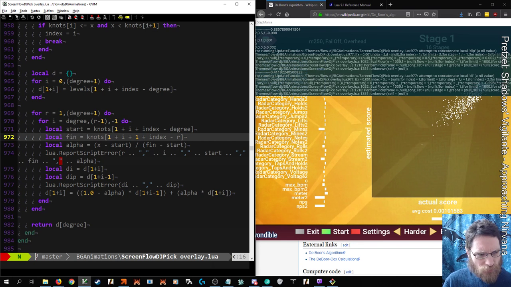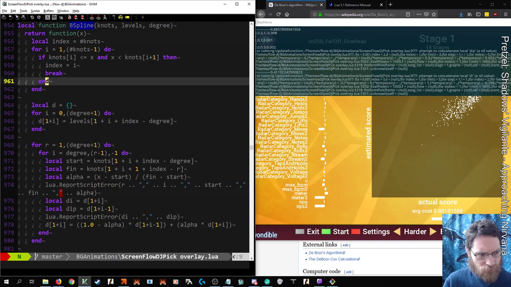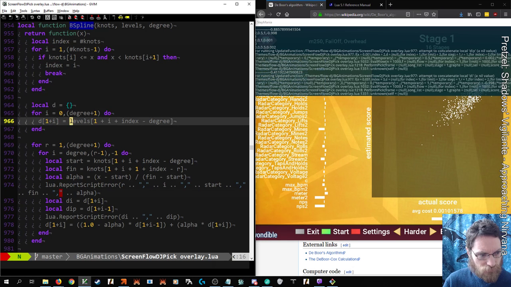I'm also not sure I'm doing the padding right on the knot. One plus, 1 plus.